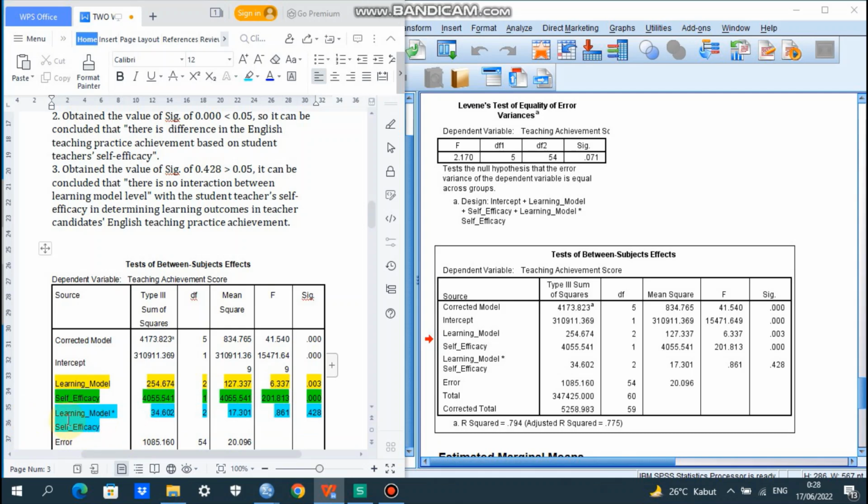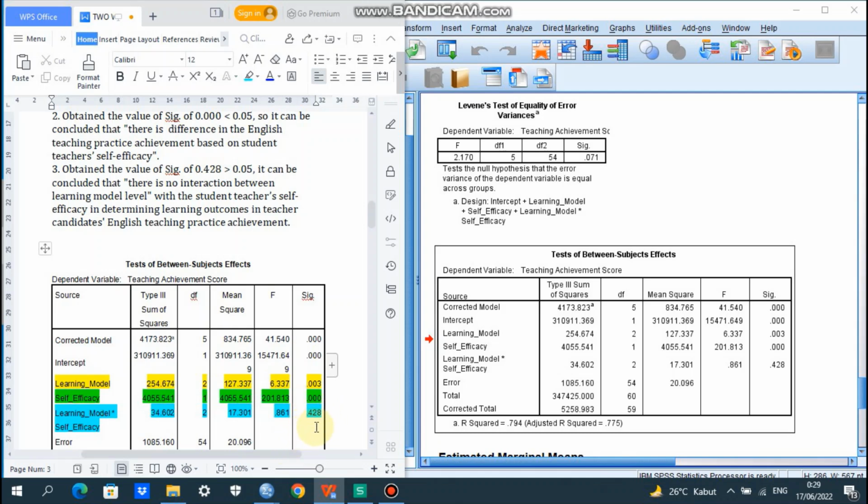If there is interaction between learning model and self-efficacy, it means that the interaction will give influence to English teaching practice achievement. But if there is no interaction between learning model and self-efficacy, it means there is no influence in determining English teaching practice achievement.